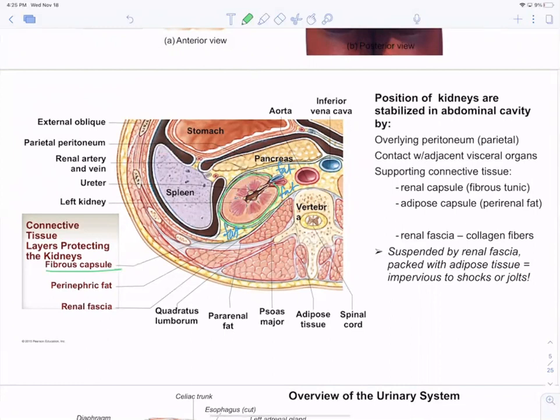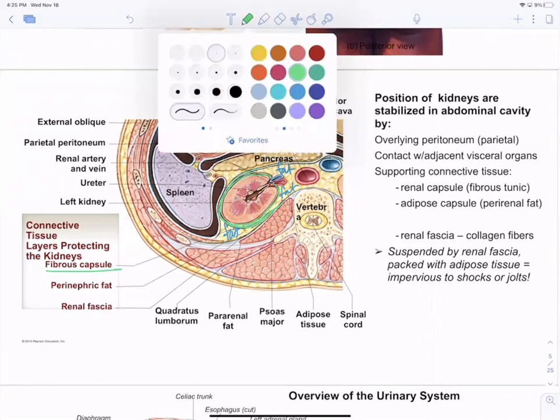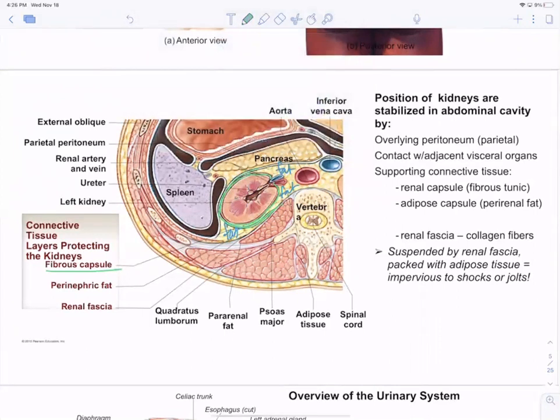And I actually did a bad job here because this is the fibrous capsule. And then we have the renal fascia as well, that's even more on the outside. So the renal fascia is kind of here and around.